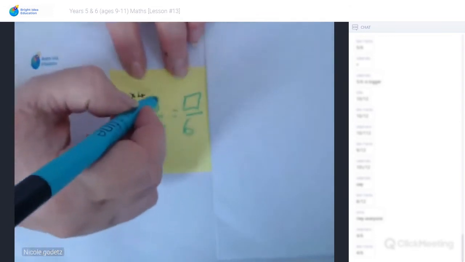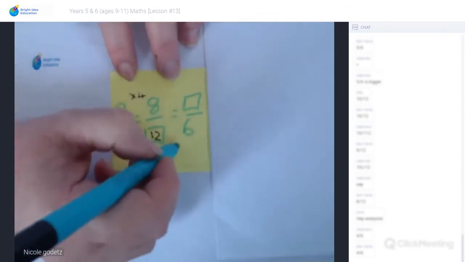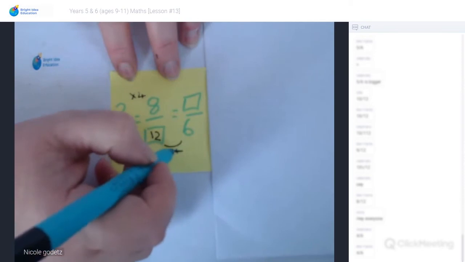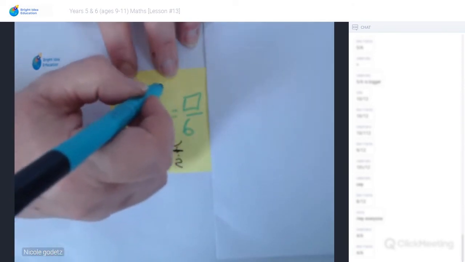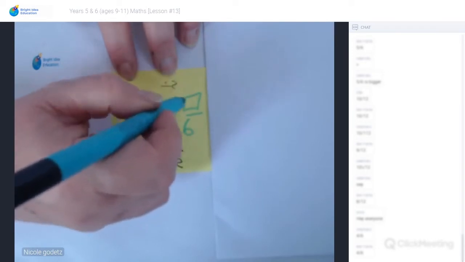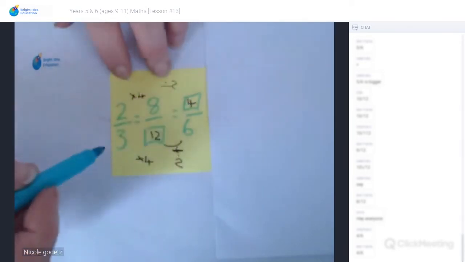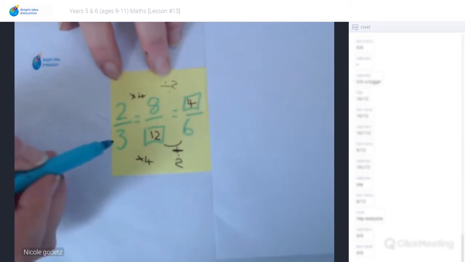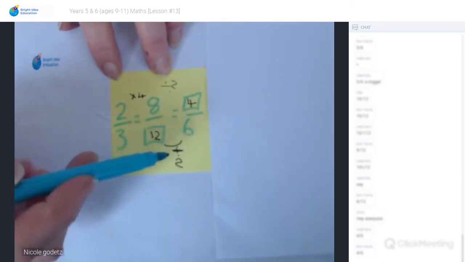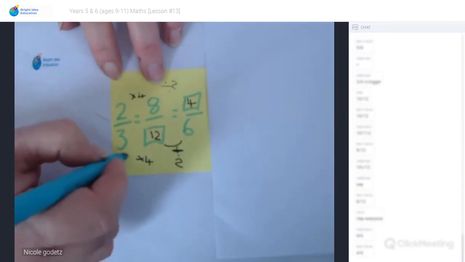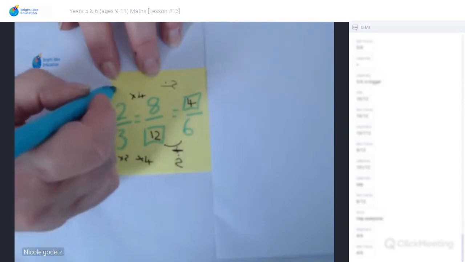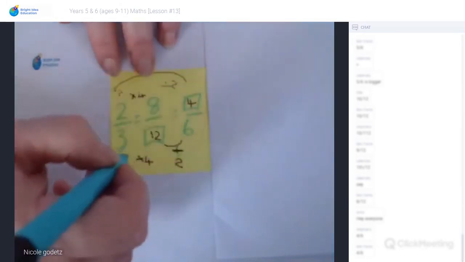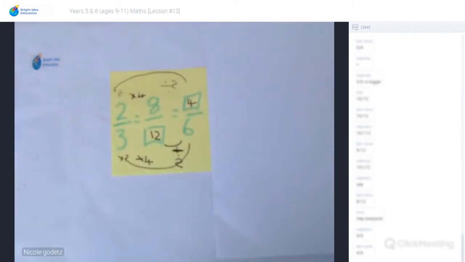Either I have to divide by 2, so I will do the same up here. Or I have to times by 2 from 3 to 6, so I'll do the same above. It all works out the same because it's equivalent fractions.